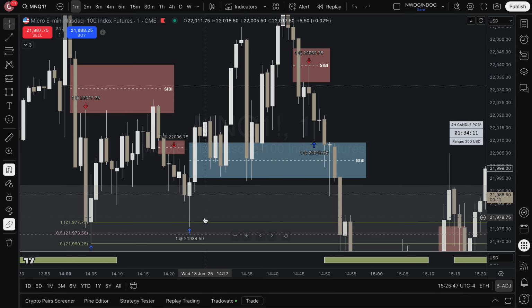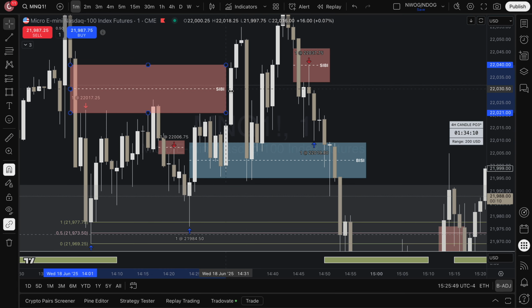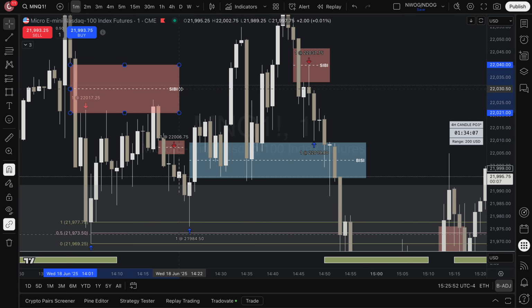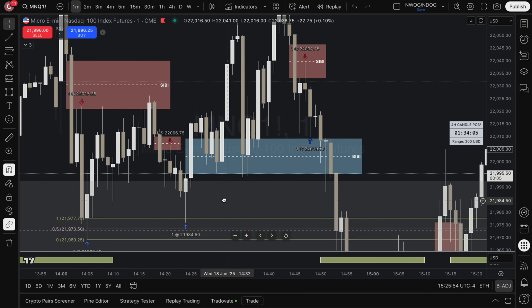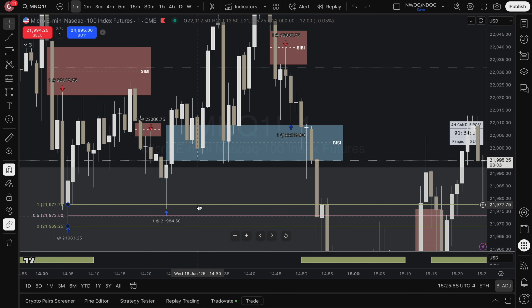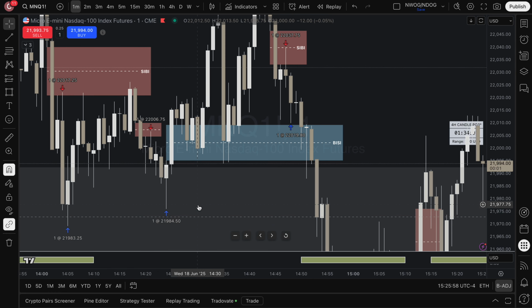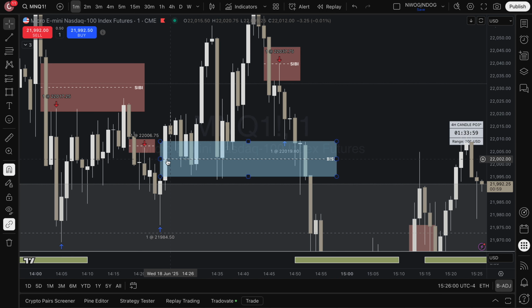And look what it did. We had a huge rally up. We even inversed this SIBI. So there's my second trade. On the way up, we created this BISI, this buy side imbalance, sell side inefficiency.